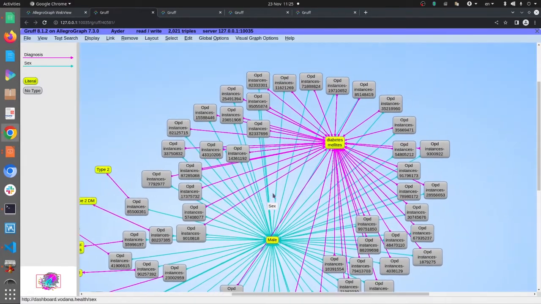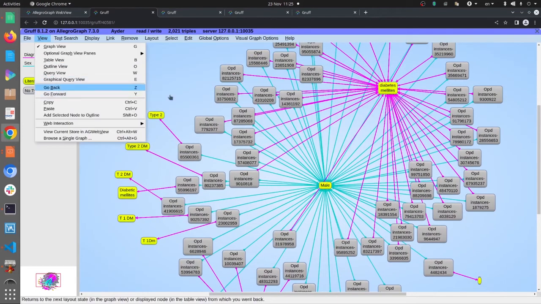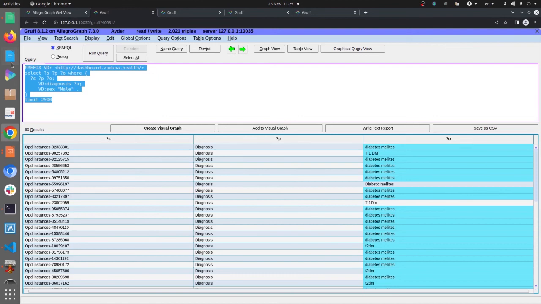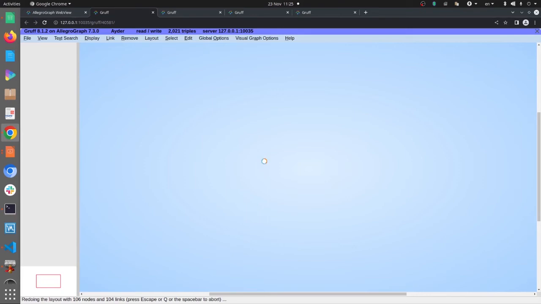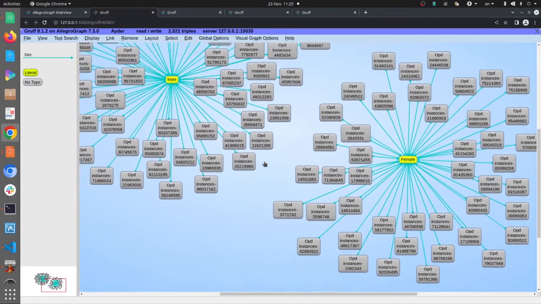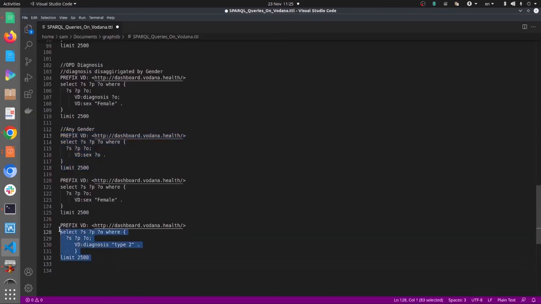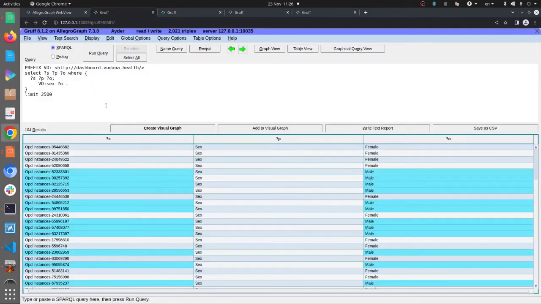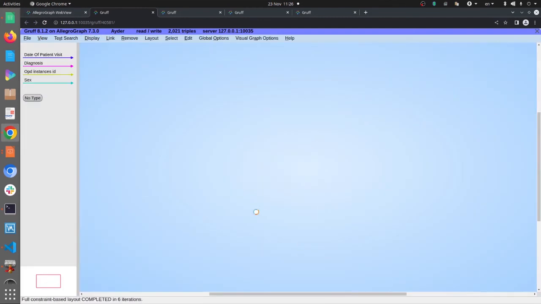If you are interested in a specific disease, for instance type 2 diabetes or anything, we can look at what the data looks like, and we can see both sexes. We can also have a specific disease that we want to track, and we can specifically query that as it unfolds.